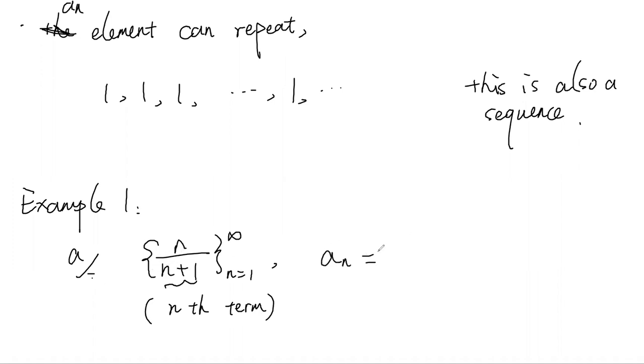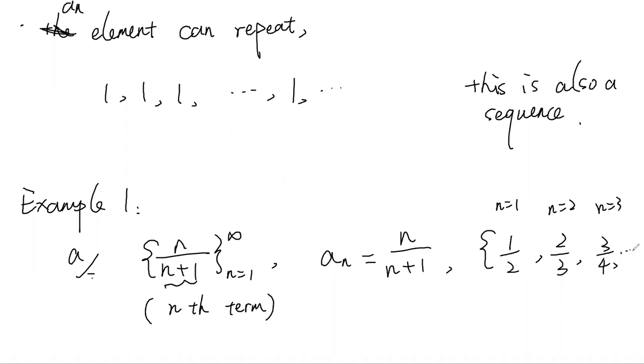If you plug in n equal to 1, you get the first term, 1/2. The second term is 2/3, and n equal to 3 gives you 3/4, and so on. If you want to know any term in the sequence, you just need to figure out the order of the term and plug that positive number in.